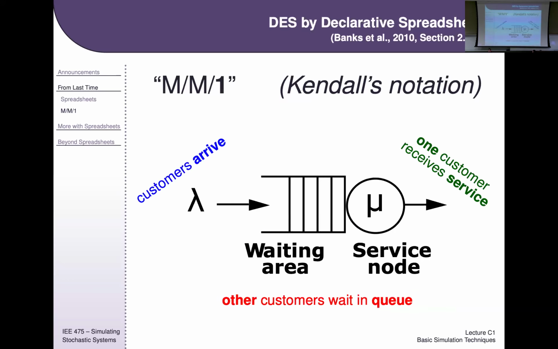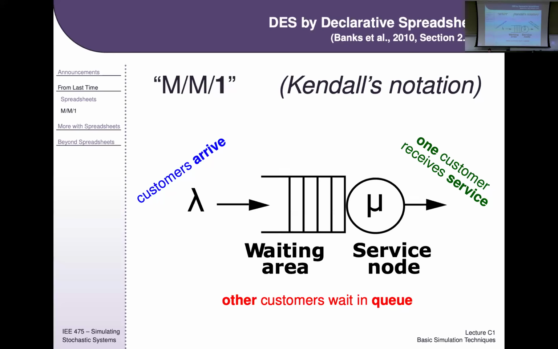And so that's what that bonus was about. For this so-called MM1 queue, if you haven't hit this yet in 470, when you talk about queuing nodes and queuing networks, you name the nodes based on their arrival rate, their service rate, and how many servers there are. So MM1, as you'll learn in 470: the first M means you have exponential inter-arrival times, so the inter-arrival durations are exponentially distributed.